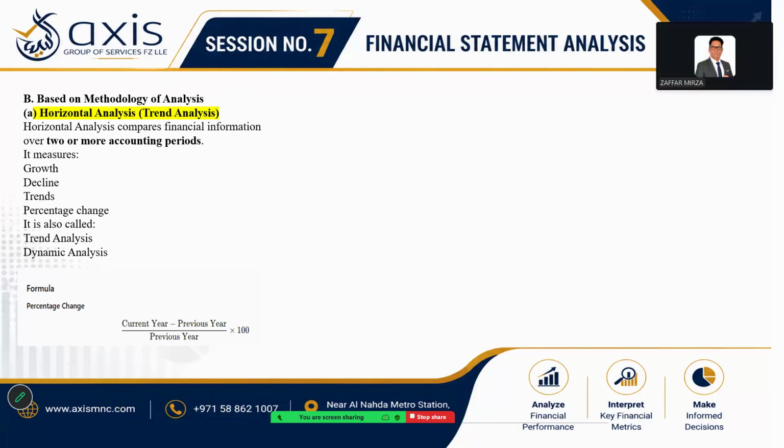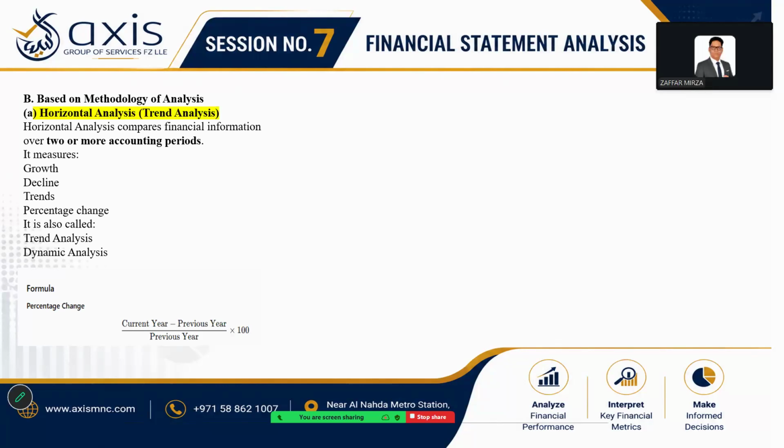Very good. Mushraf Ali, in horizontal analysis, trend analysis, percentage change, what is the formula? Current year minus previous year divided by previous year into 100. Multiplied by 100, who says it? Guys, what is the formula? Percentage change is current year minus previous year divided by previous year into 100.